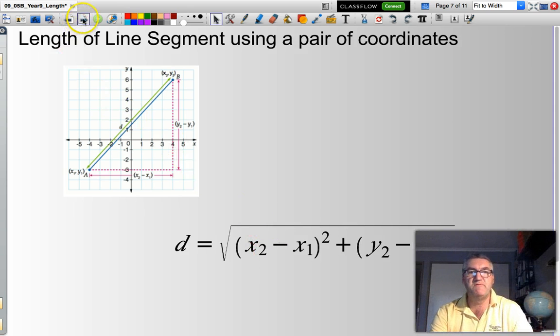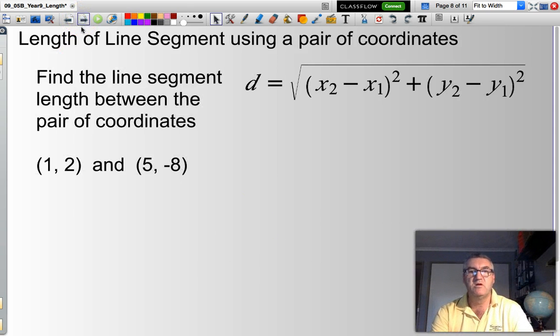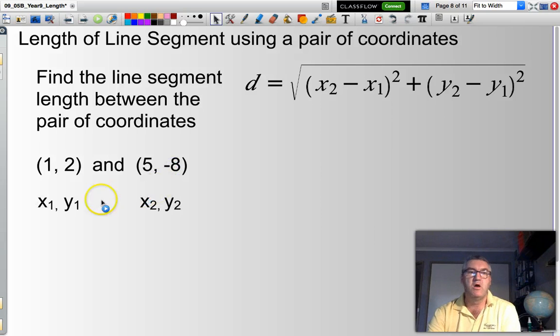So let's just move on to our final example. Say I wanted to find the length of the line segment between the one set of coordinates that is at 1, 2 and the other set of coordinates that is at 5, -8. I can just basically nominate one set as being x1, y1, the other one being x2, y2. It does not matter which way round you have that.